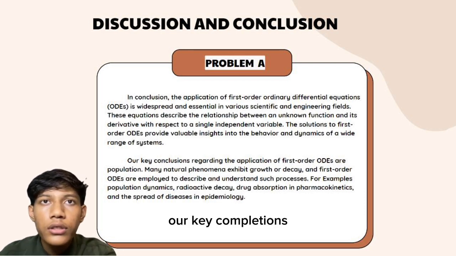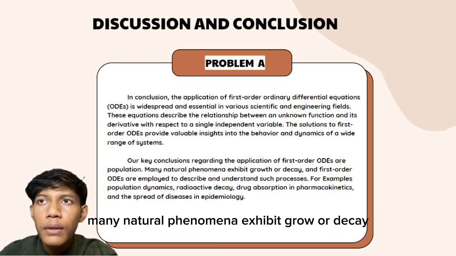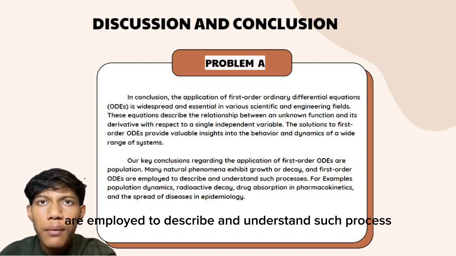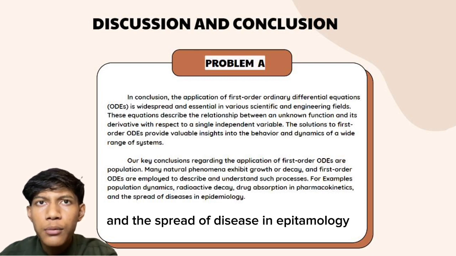Our key conclusions regarding the application of first order DEs are population. Many natural phenomena exhibit growth or decay, and first order DEs are employed to describe and understand such processes. For example, population dynamics, radioactive decay, drug absorption in pharmacokinetics, and the spread of disease in epidemiology.